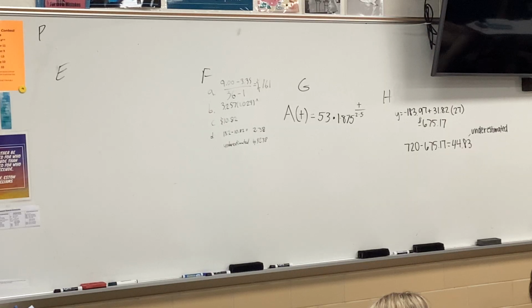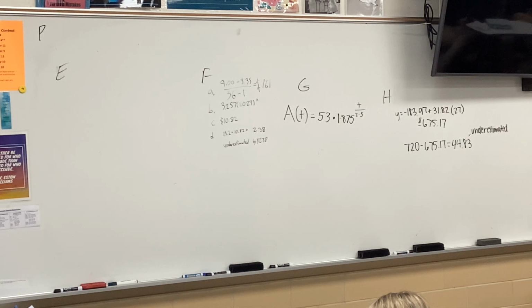So we're multiplying 35 times to get from 3.35 to 9.